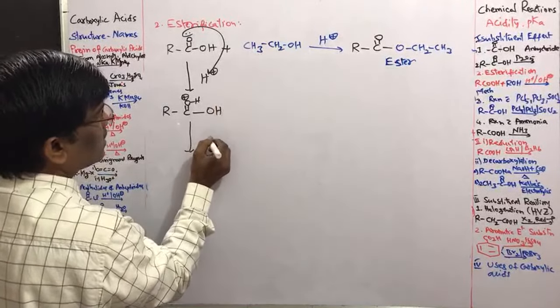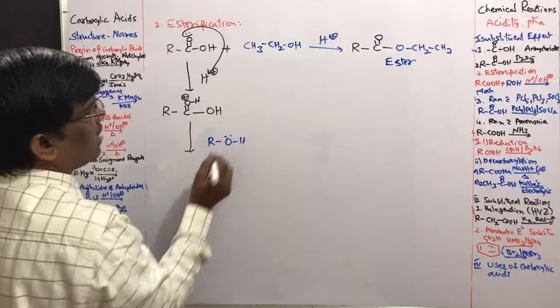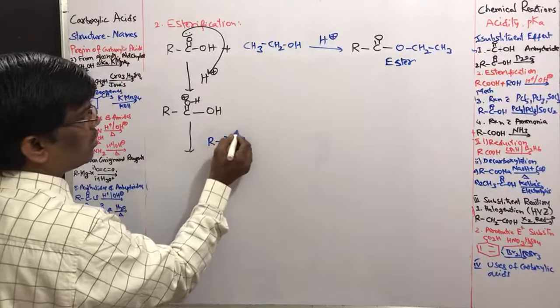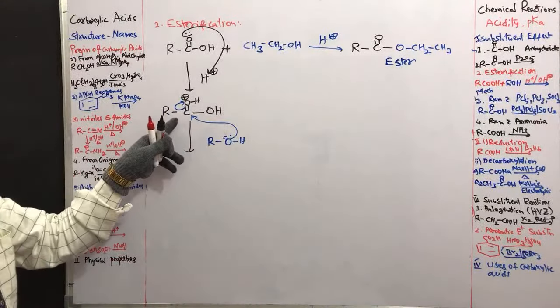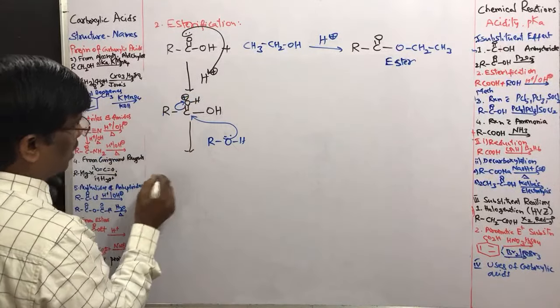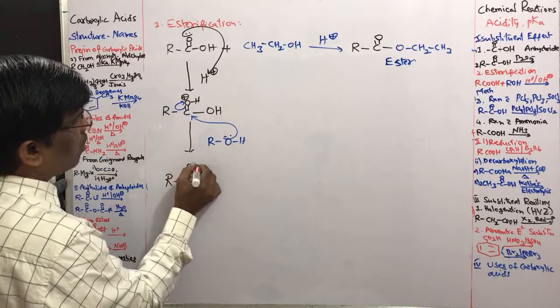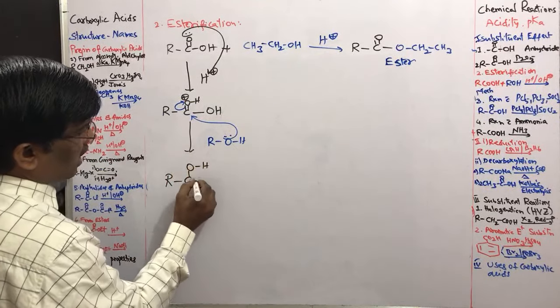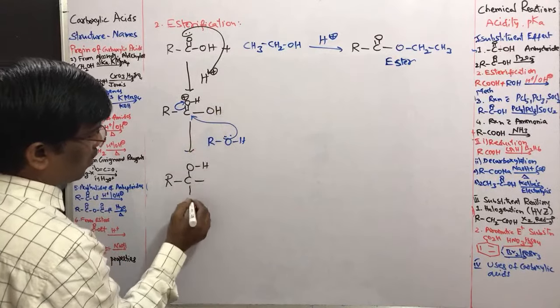Let me write R, OH here, and this OH is going to attack onto the carbon, the oxonium ion carbon, to give R, C, OH, and already this OH is here. I am writing down this OH.